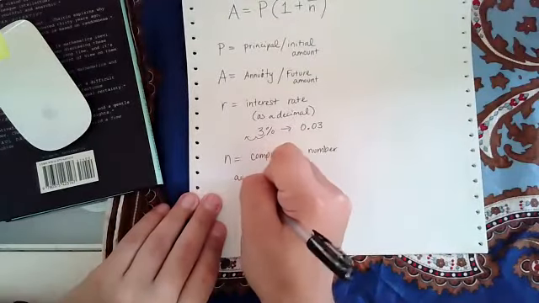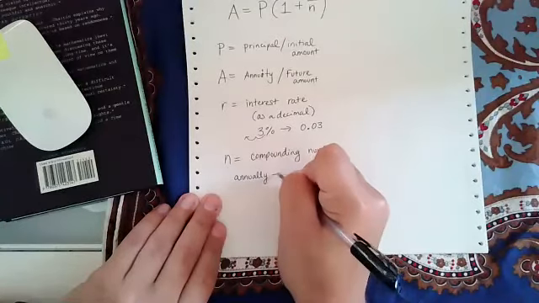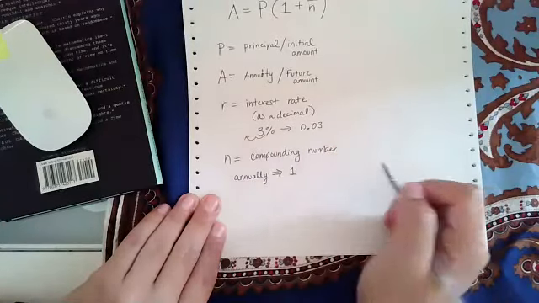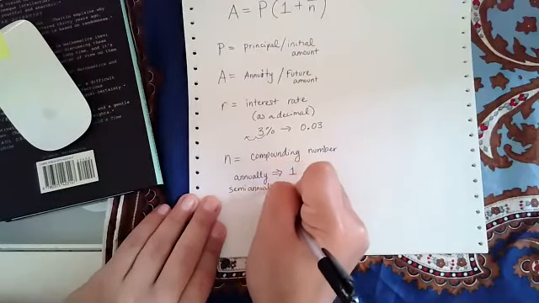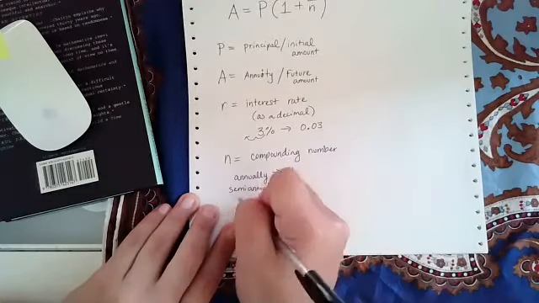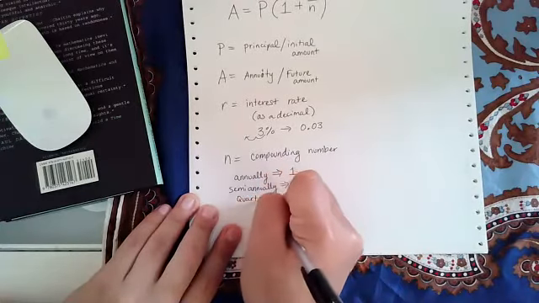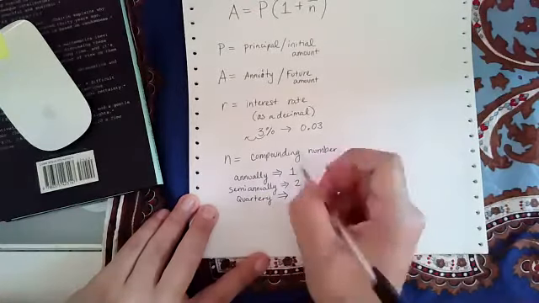So if it says compounded annually, then that tells you that N is equal to 1. Semi-annually, 2. Quarterly, 4, and then these become a little bit more natural or common sense, like there are 4 quarters in a year.